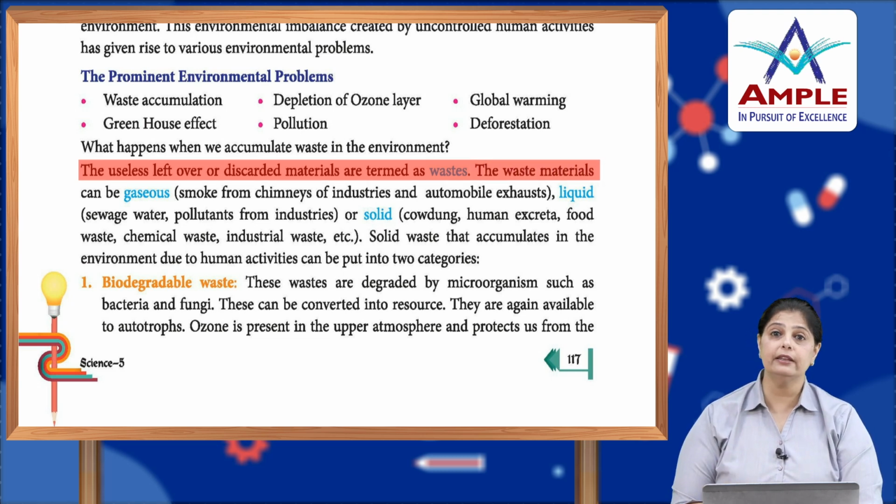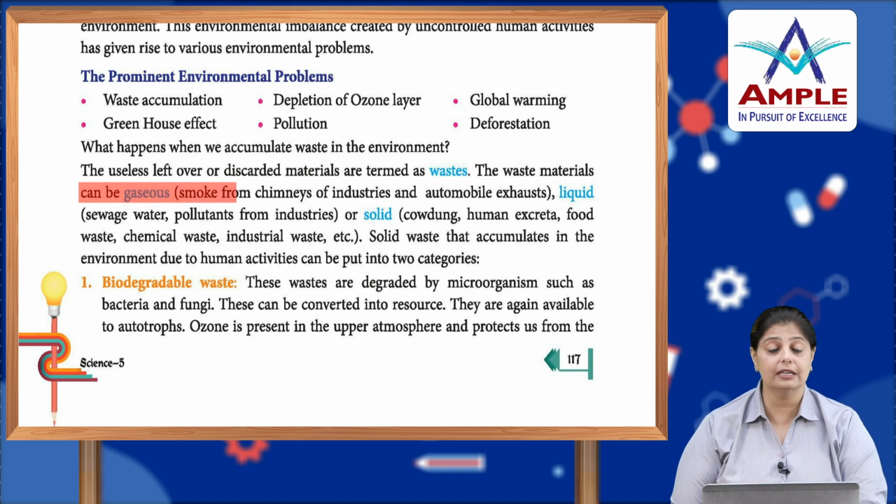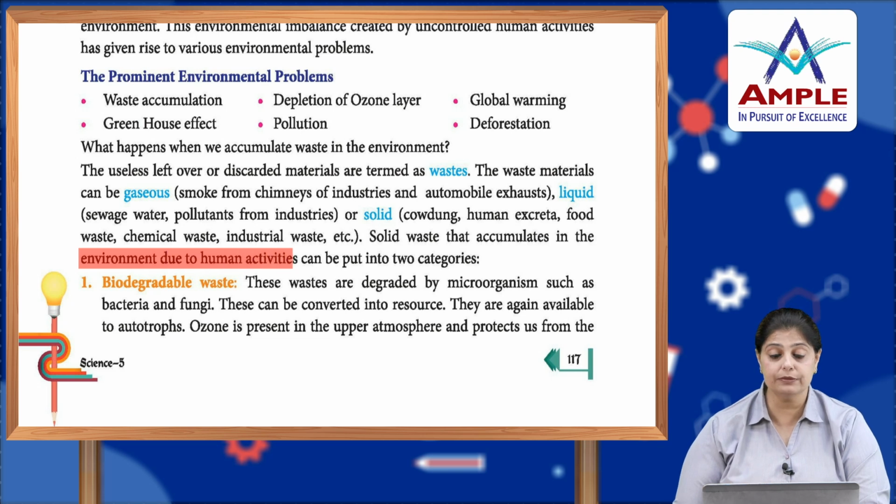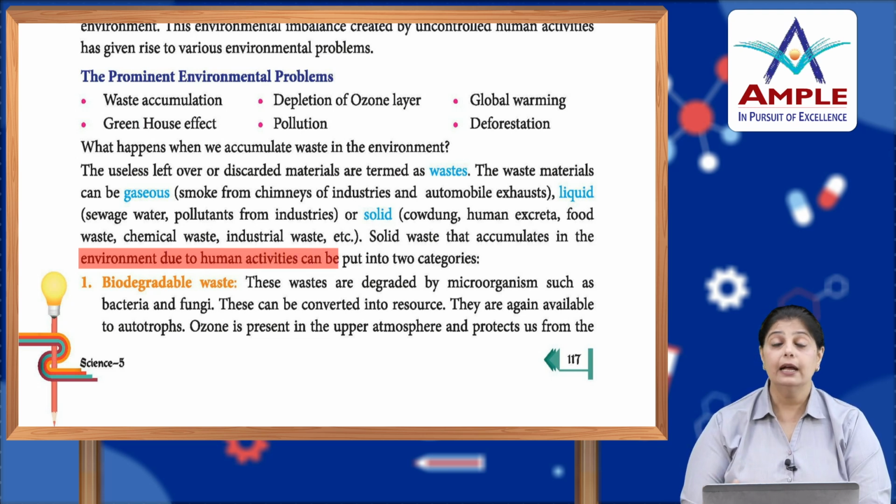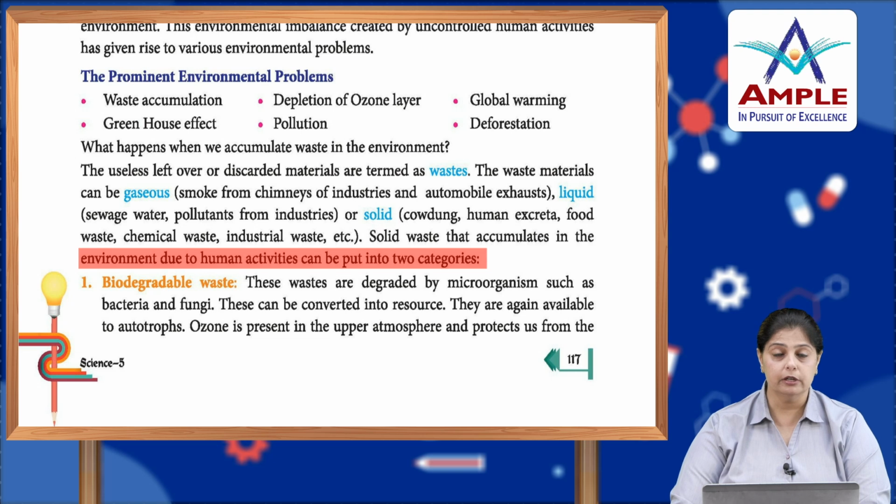Now the waste material can either be gaseous, that is smoke coming from chimneys of industries or automobile exhausts. Then they can be in the liquid form like sewage and water pollutants from industrial waste. Then they can be solid waste that accumulates in the environment due to human activities. Solid waste can further be classified into two types, biodegradable and non-biodegradable.